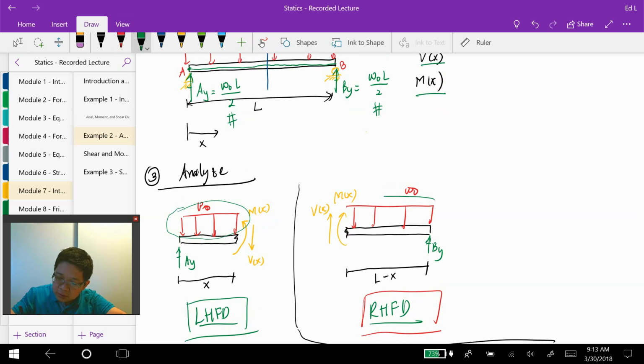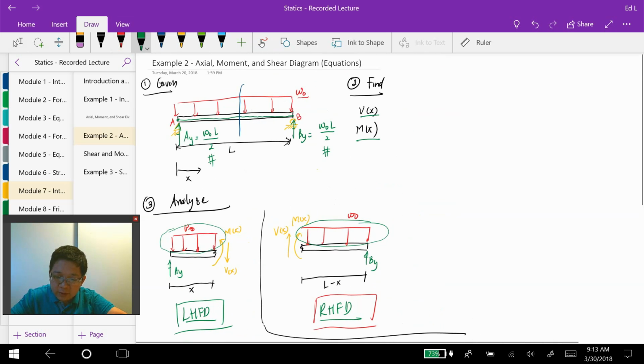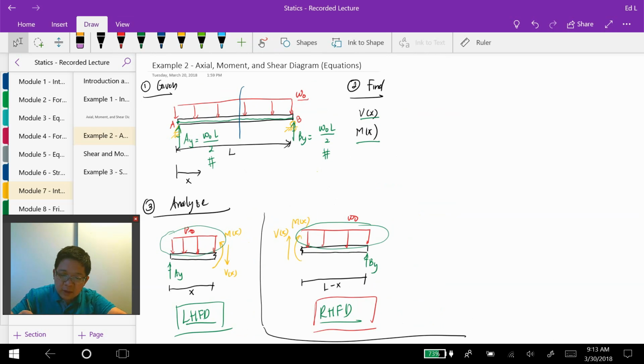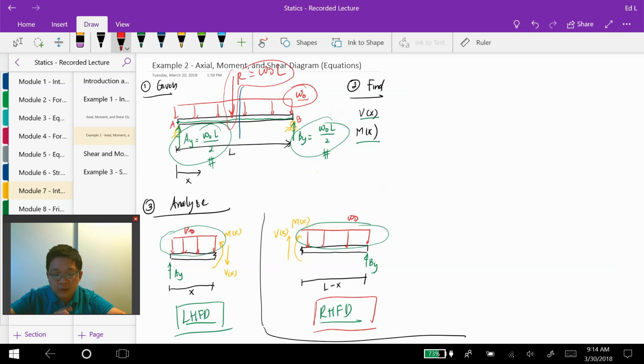Notice how I draw the diagram here, because many mistakes that I found from students are that when they calculate this W naught L over 2, they simplify it into a single resultant R at the middle, which is W naught times L. Afterwards, they make a cut based on this load instead of using W naught. That's wrong when you calculate the internal force equations.